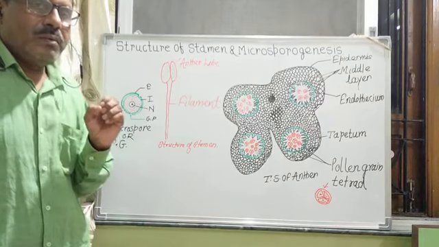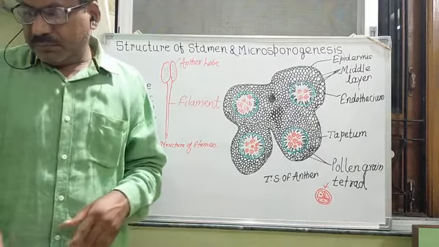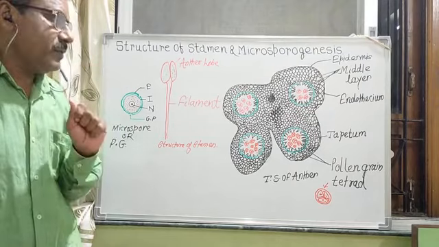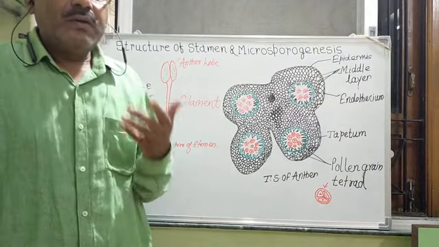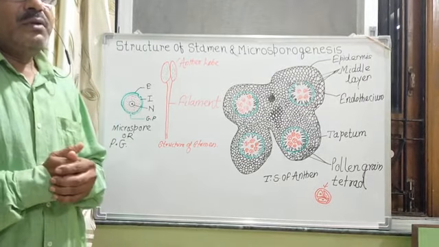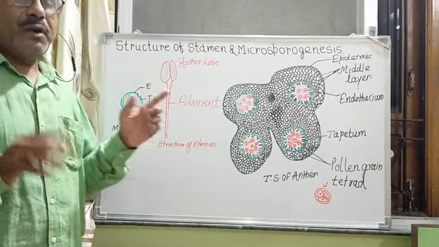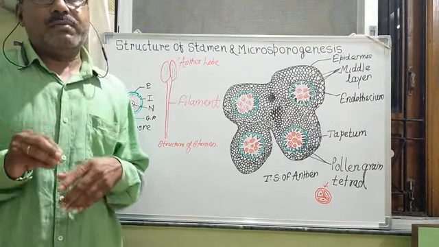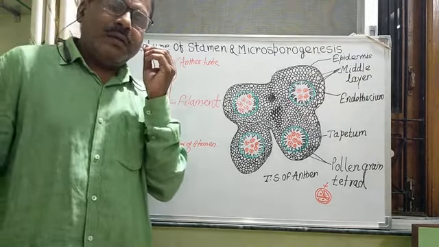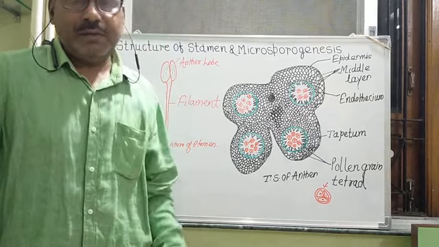And the flower has different parts: calyx, corolla, androecium and gynoecium. When these four whorls are present, such a flower is called a complete flower.